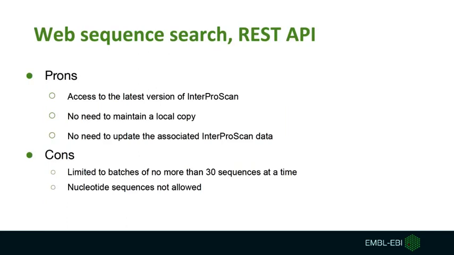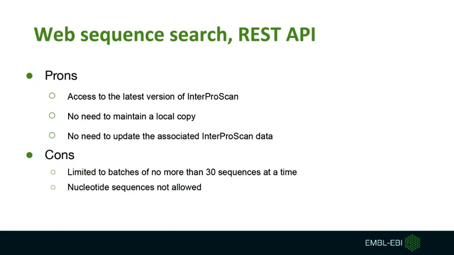But using the web sequence search and using the REST API have their limitations. While they have advantages, for example, you don't need to download InterProScan. You are always accessing the latest version of InterProScan. You don't need to worry about maintaining a local copy. The fact that you can only use one sequence per time for the web sequence search might be a limitation for some users.